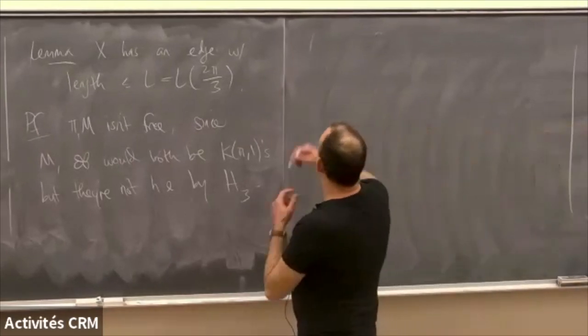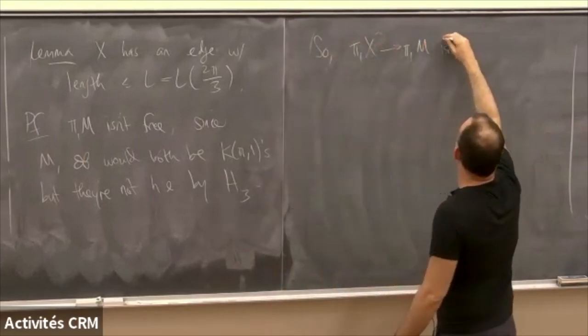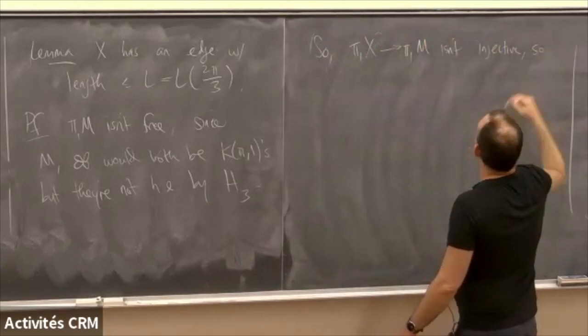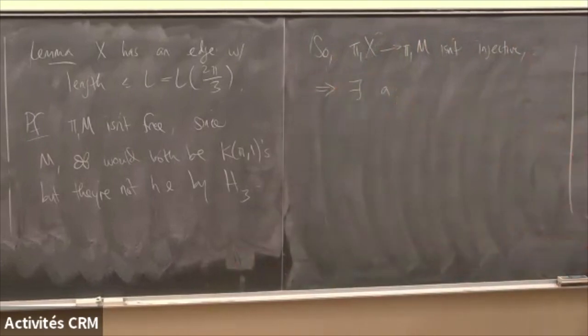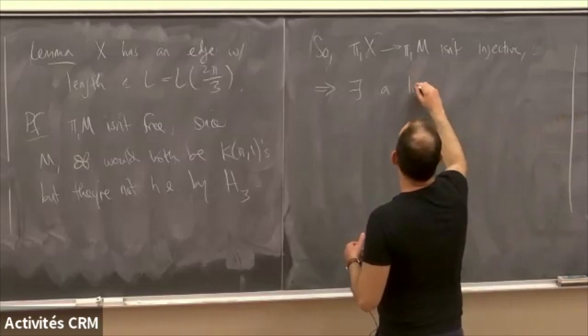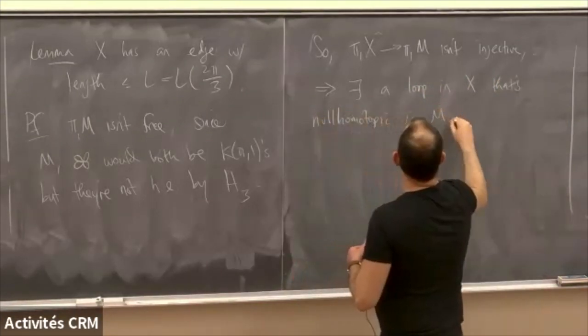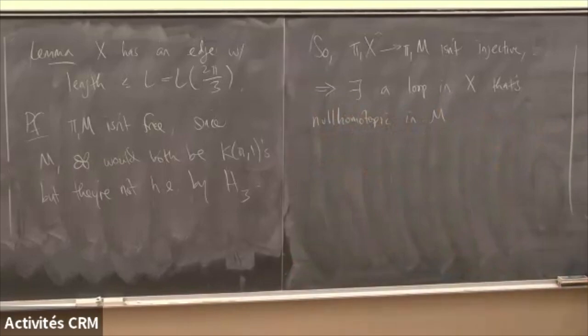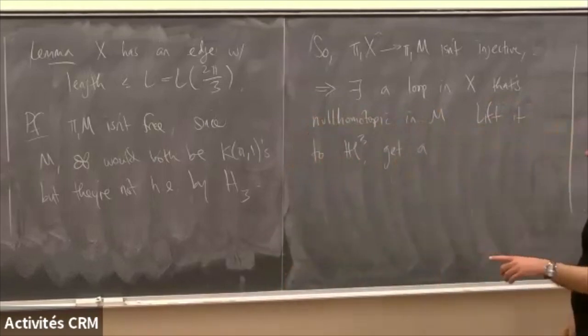So pi1 of X to pi1 of M isn't injective, implying that there's some loop in the graph that maps null homotopically to M. So there's a loop in X that's null homotopic in M. You take this loop and lift it up to the universal cover, and we get a closed loop in the universal cover that's piecewise geodesic and all the angles are 2 pi over 3.